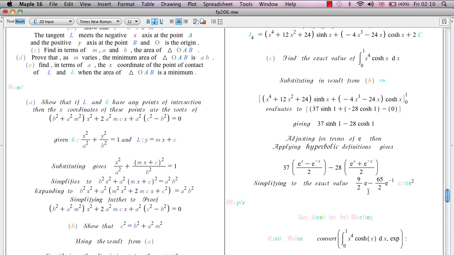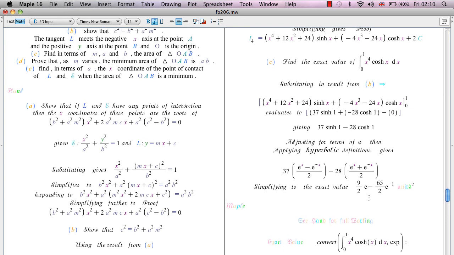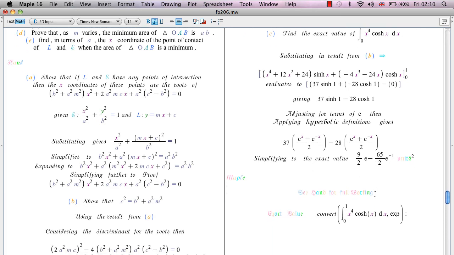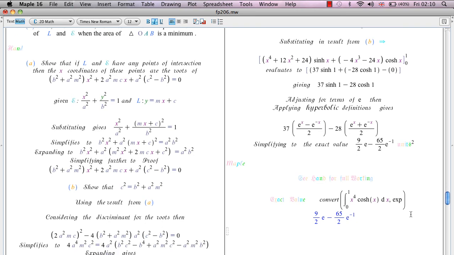This then simplifies to the exact value 9 over 2e minus 65 over 2e minus 1. And the exact value of I4 between 0 and 1.